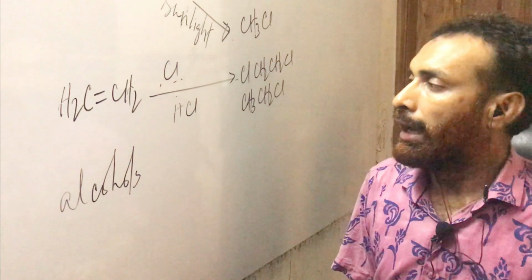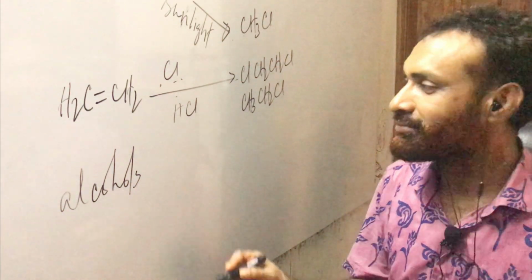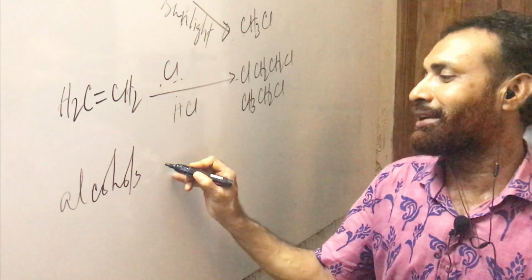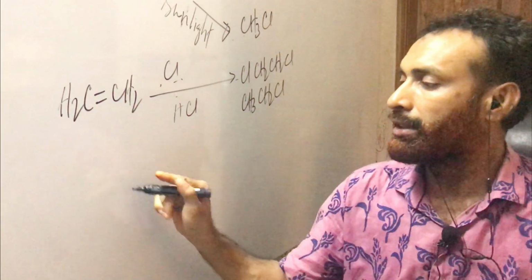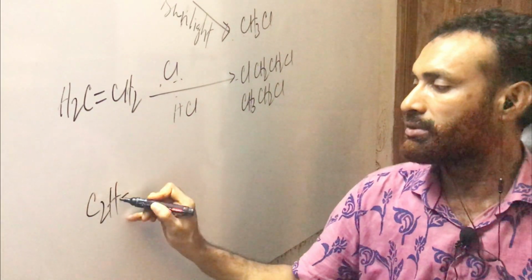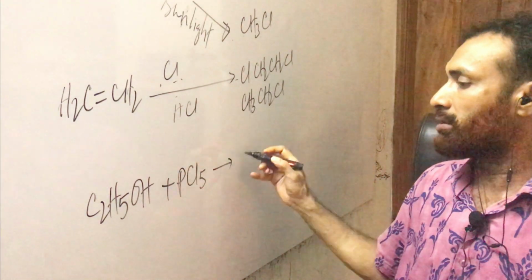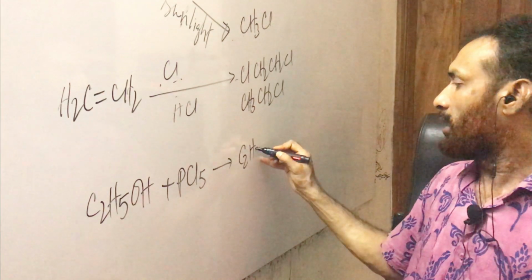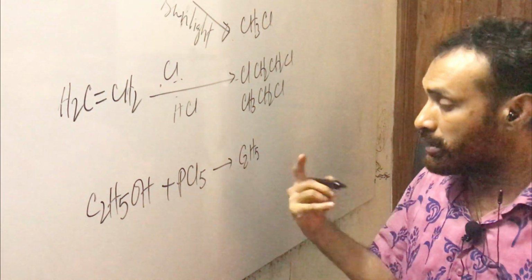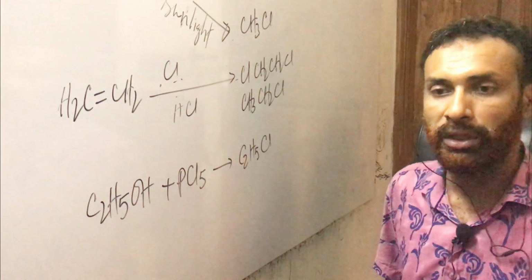Okay, and for alcohols, if this is ethanol, C2H5OH, and you add PCl5, then the halogenoalkane will be chloroethane.